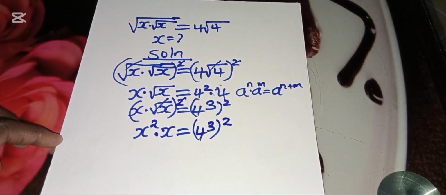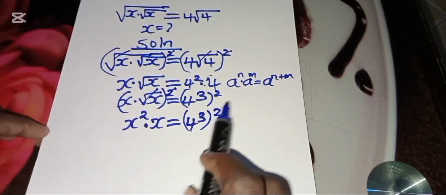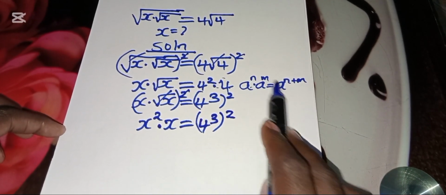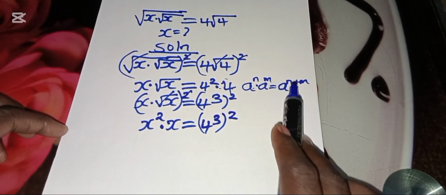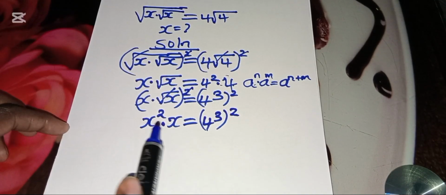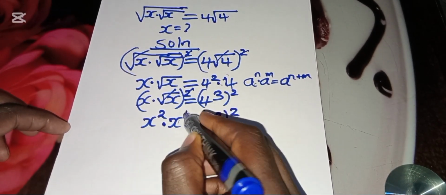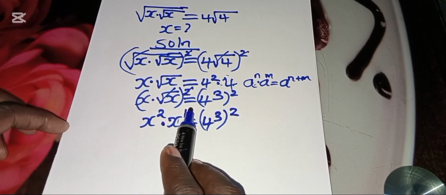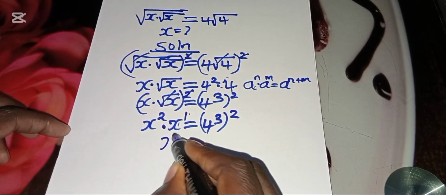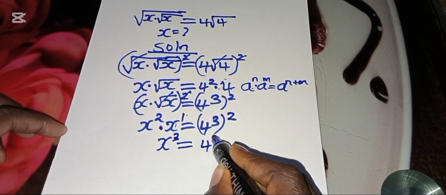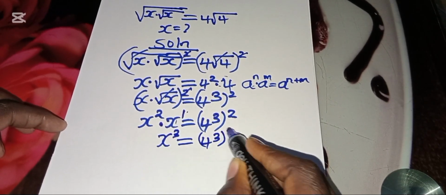Now applying the indices identity, a raised to power n multiplied by a raised to power m is equal to a raised to power n plus m, we have x squared multiplied by x raised to power 1, so that you'll have x raised to power 3. This is equal to 4 raised to power 3 squared.